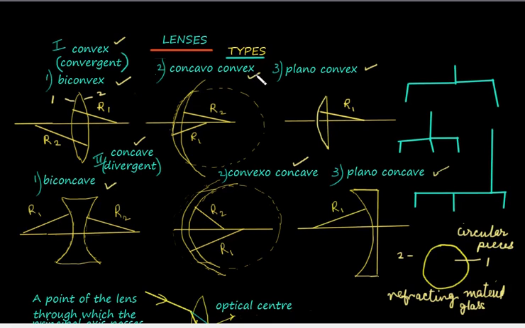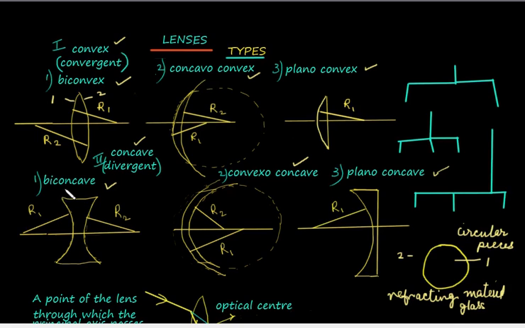For concavo-convex type of lenses, the outer bulged surface is part of a smaller sphere with radius of curvature R1, which is smaller than the radius of curvature of the second surface, which is part of a bigger sphere.